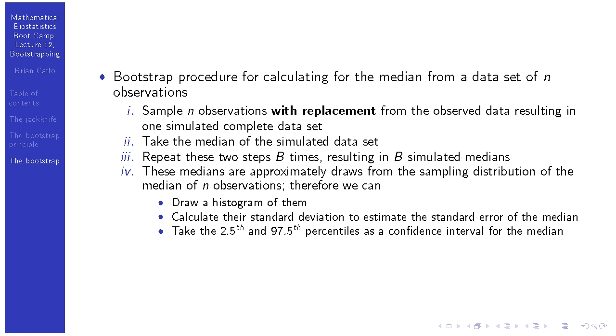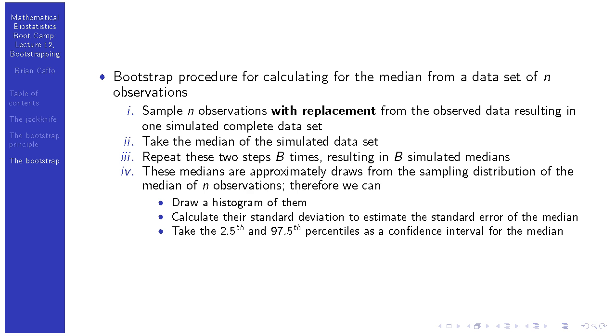So here's our Bootstrap procedure for calculating a confidence interval for the median of a data set of n observations, where we know nothing about the sampling distribution of medians of n observations. We would sample n observations with replacement from the observed data, resulting in one simulated complete data set. We would take the median of this simulated data set.